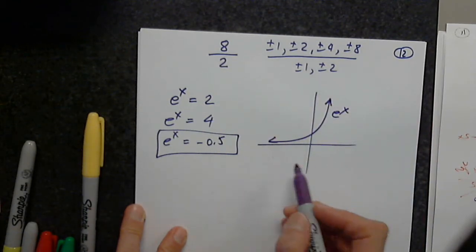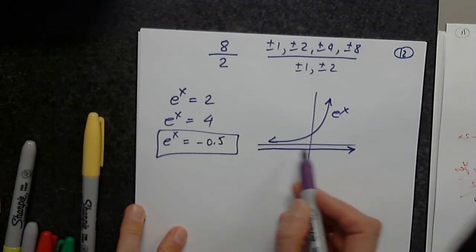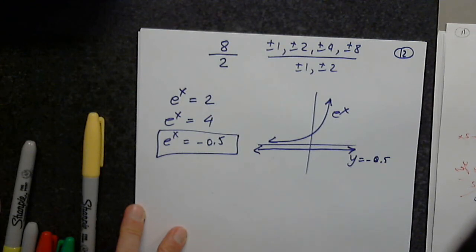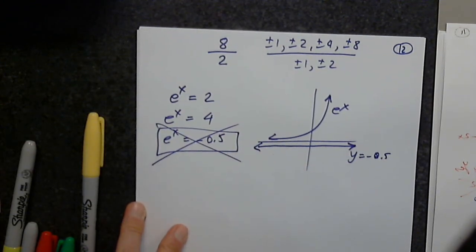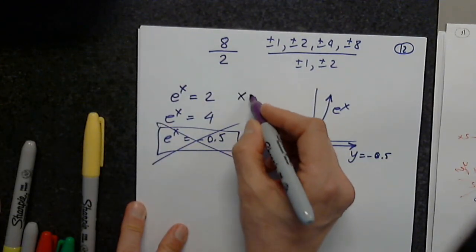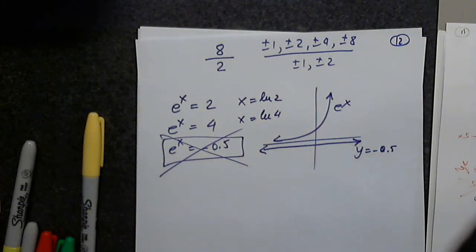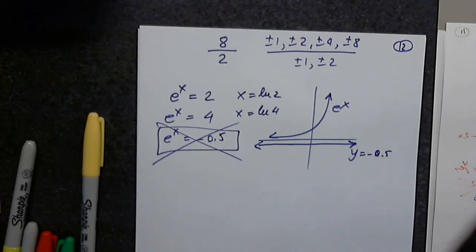The graph of y equals -0.5 is this. They will never meet. So this equation has no solutions. The other two, x equals natural log 2 and x equals natural log 4, because of course I have to apply natural log to both sides.